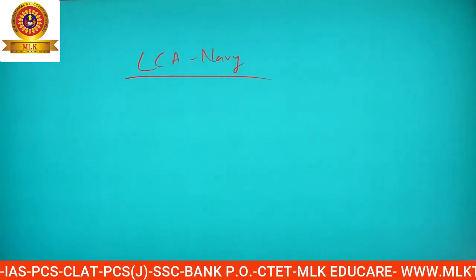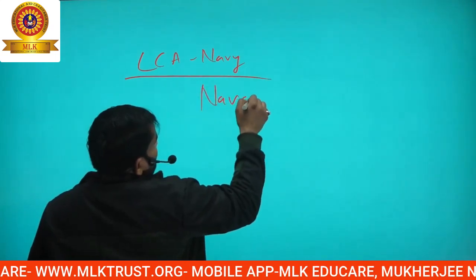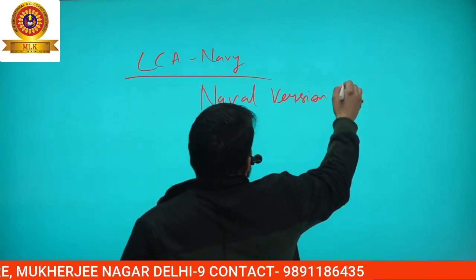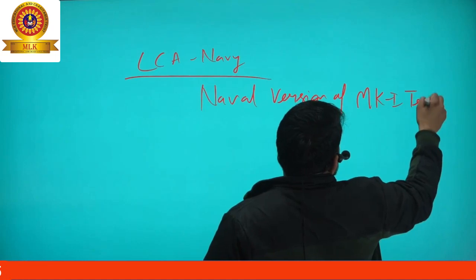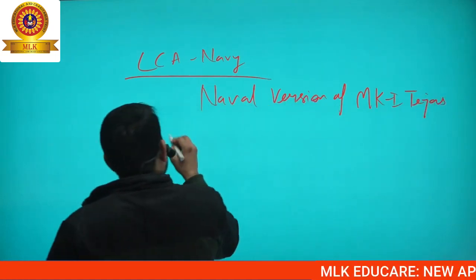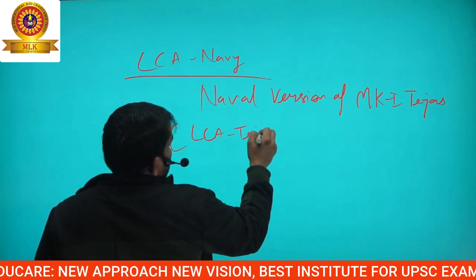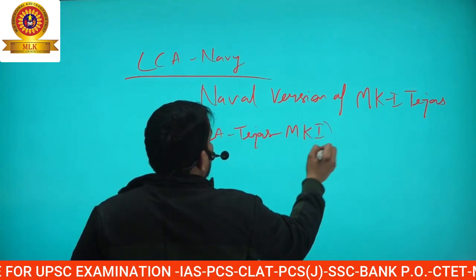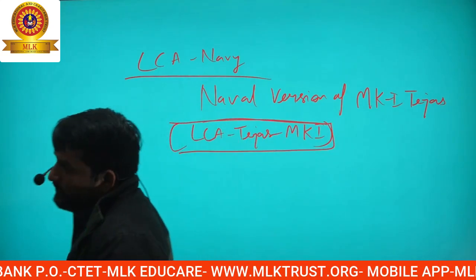This is the naval version of the Mk1 Tejas. If we talk about its full name, we consider it as LCA Tejas Mk1. This is the complete name, or full name, of the Tejas.